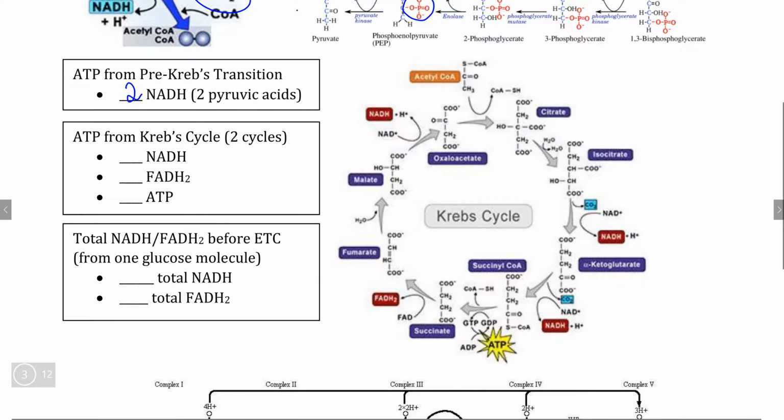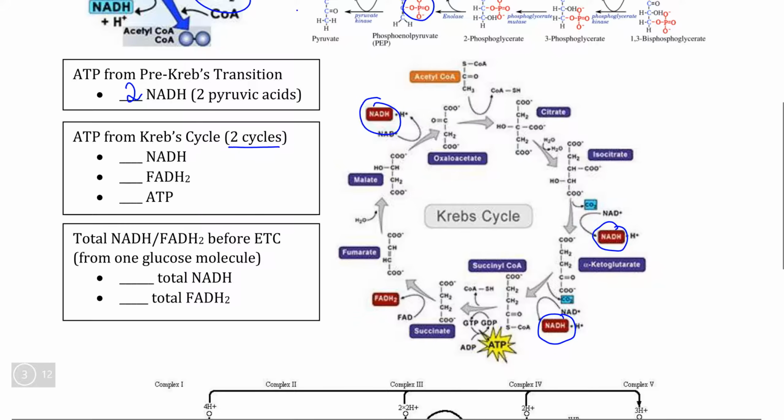Now, once we enter the Krebs cycle, we can take note of all of the locations where an NADH molecule is produced. The first is here between isocitrate and alpha-ketoglutarate, and the second occurs as a consequence of alpha-ketoglutarate breaking into succinyl-CoA, and the final one occurs between malate and the regeneration of oxaloacetate, meaning that per cycle there are 3 instances where NADH is produced.